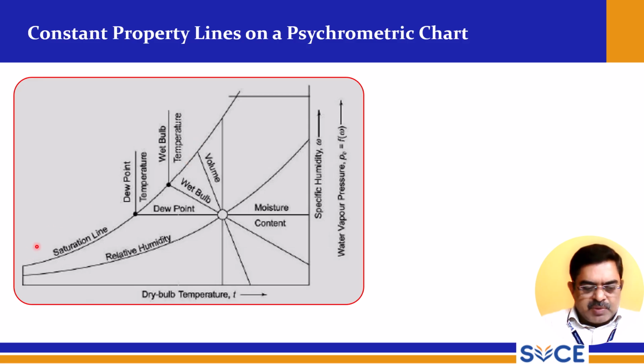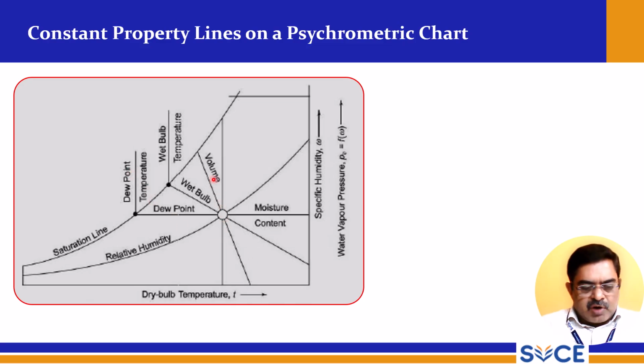There will be another scale here which is not shown, known as the enthalpy scale, the heat contained by the air. That is almost parallel to this saturation line. It is not shown here, but if you see the actual psychrometric chart, you can find that also.